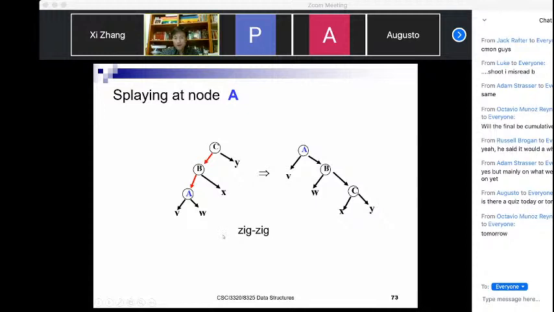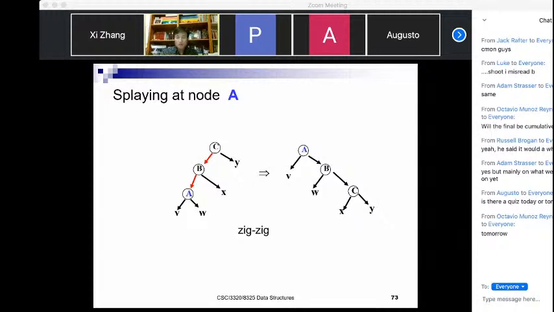So what you need to memorize is this zig-zig rotation. A splay tree moves a node up only 2 levels for 1 rotation. So we have to repeatedly splay until you reach the top of the tree.